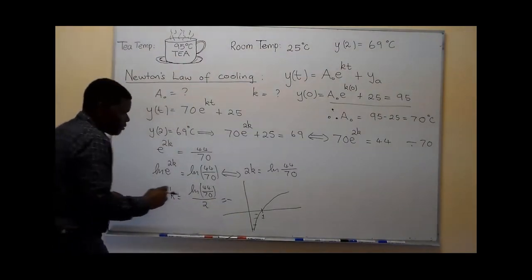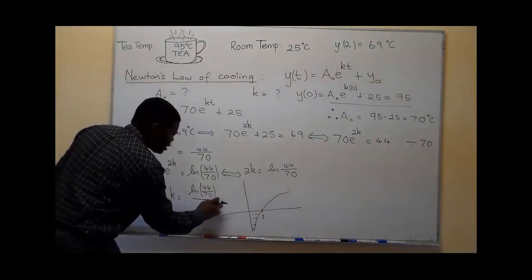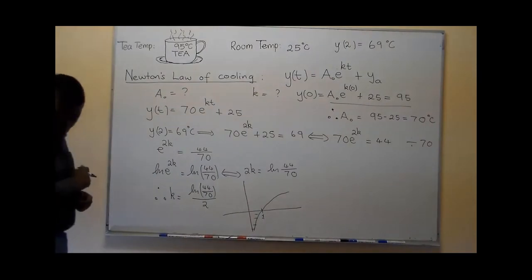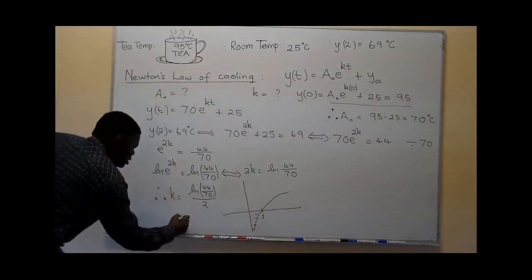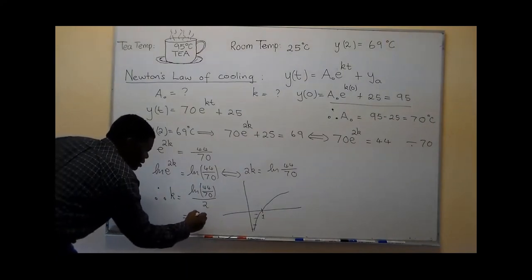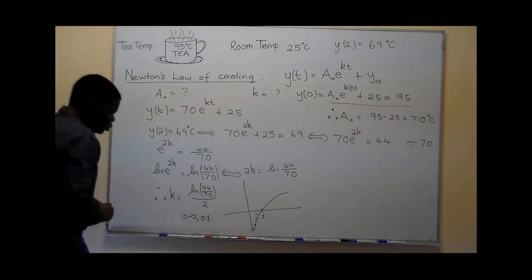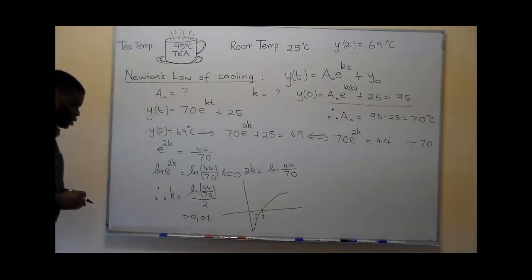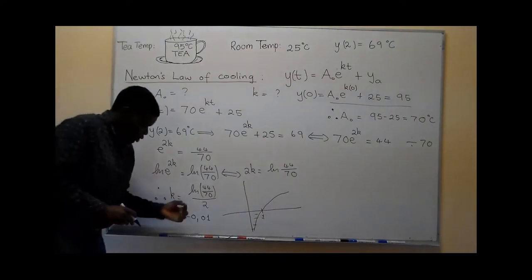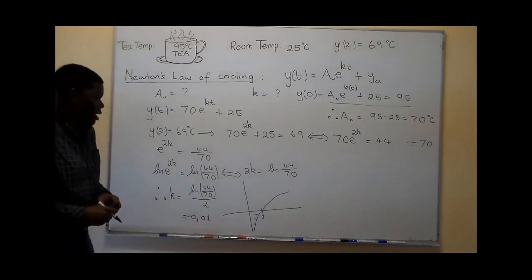If I'm not mistaken, you can check my numerical values later, I got a number equal to about minus 0.01, let's say correct to 2 decimal places, but I can double check that. But most important, you can see it is less than 0.